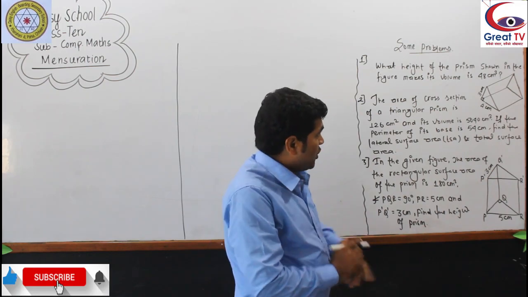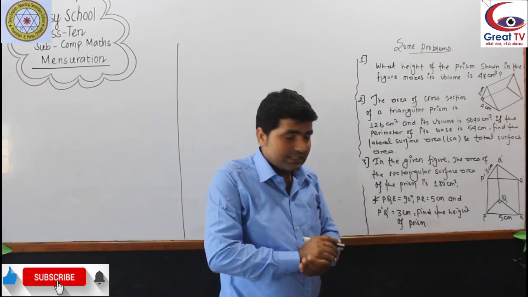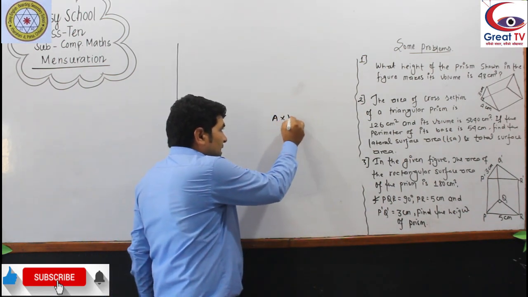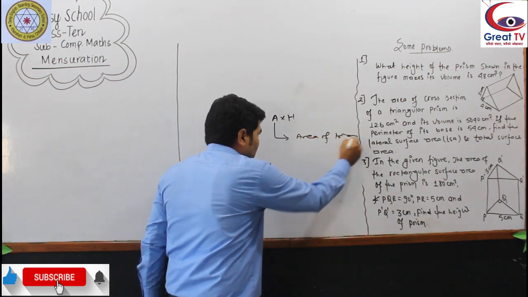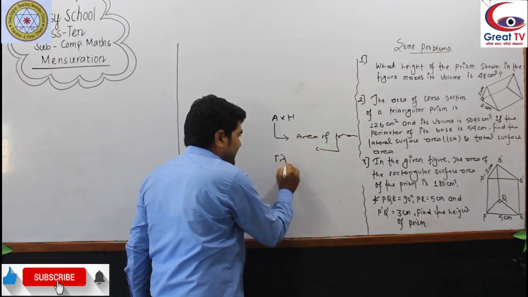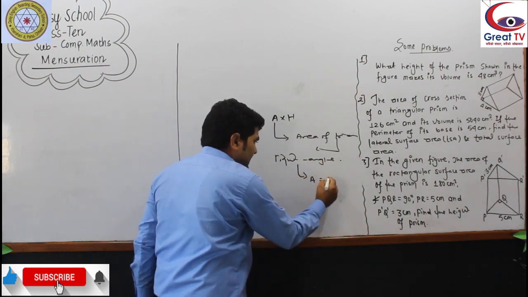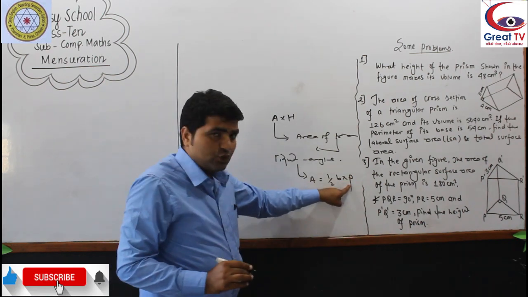According to the question, volume of the triangular base prism equals area of base into height, A into h. Area of base is the area of the triangle. What type of triangle? Right angle triangle. Its formula is A equals 1 by 2 base into perpendicular.